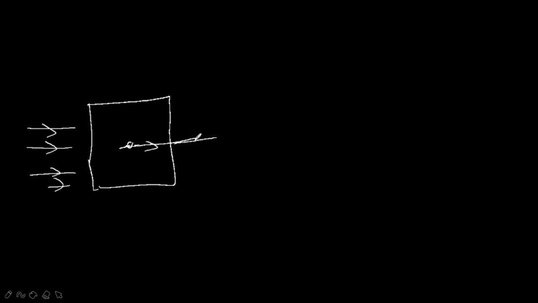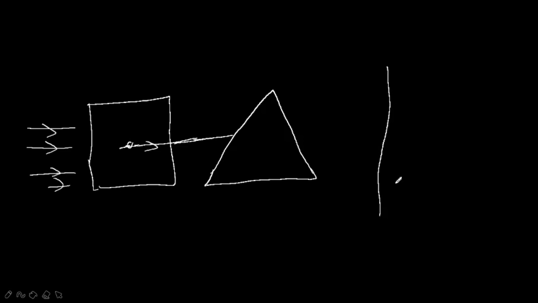Then pass the light which is coming out of this hole through a glass prism. In front of the glass prism we have to hold a screen, any screen. You can use a sheet of paper, or you can focus it on a white wall, or you can use any white cloth.